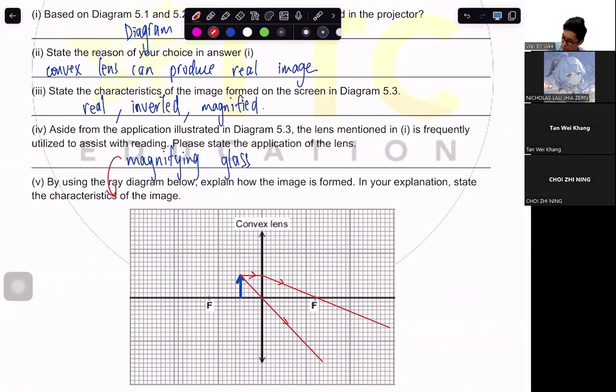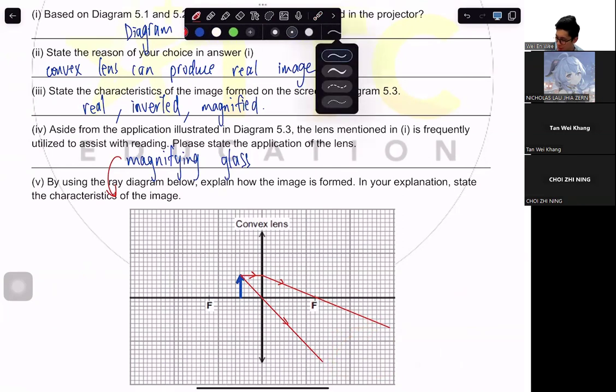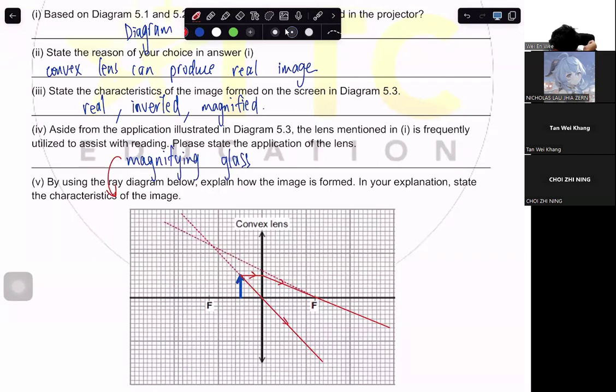So what you have to do is draw backwards. But light cannot move backwards, so if you want to go backwards, you have to use dotted lines. That intersection point is your image.